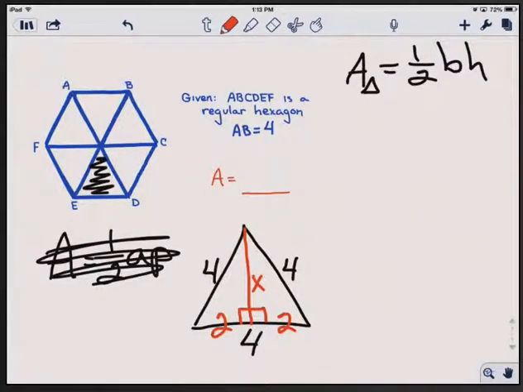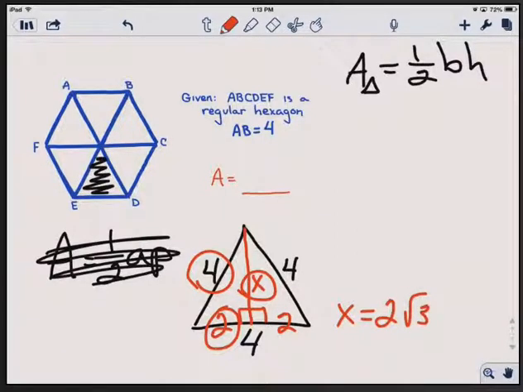We could use the Pythagorean theorem saying 2 squared plus x squared equals 4 squared, looking at, say, this right triangle over here. Or we could recognize that it has to be a 30, 60, 90 triangle, and the shorter leg times 2 gives you the hypotenuse. The shorter leg times the square root of 3 gives you the longer leg. So in this case, that would be 2 times square root of 3. But that's the height of the triangle.